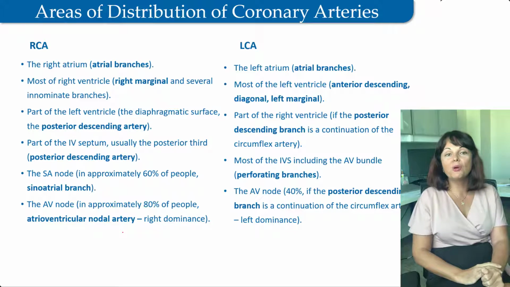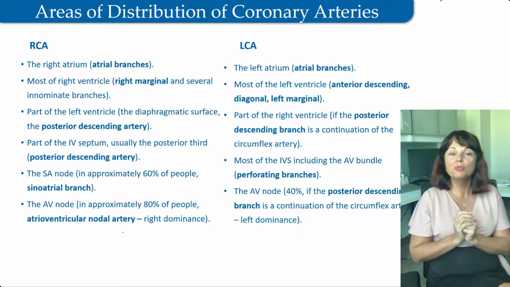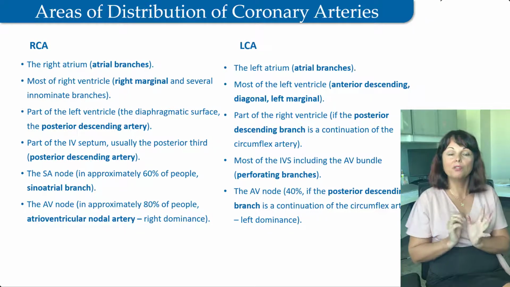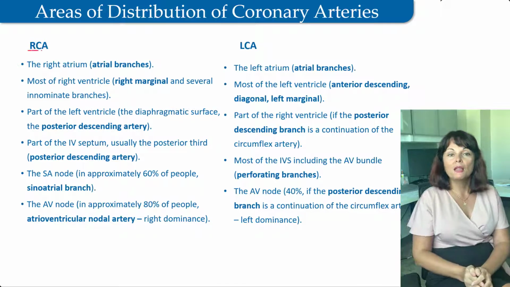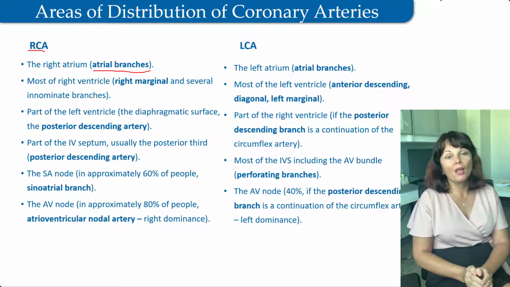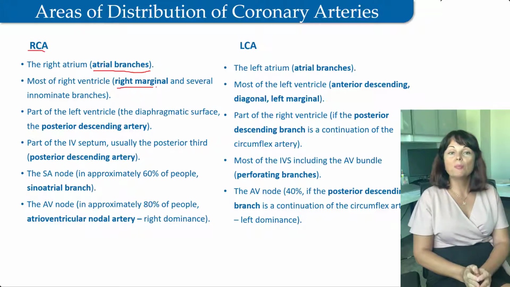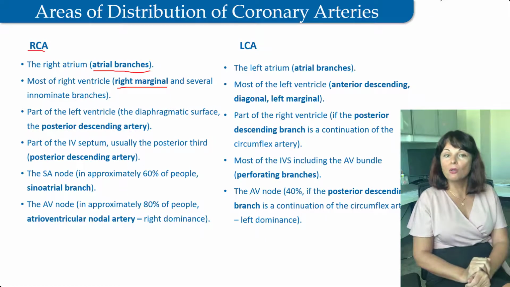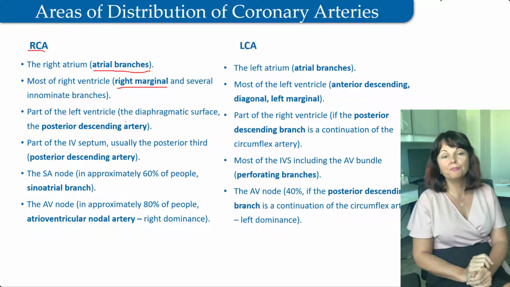Now let's summarize the areas of distribution of the right and left coronary arteries. The right coronary artery supplies the right atrium via its atrial branches. It also supplies most of the right ventricle via the right marginal and several innominate branches.